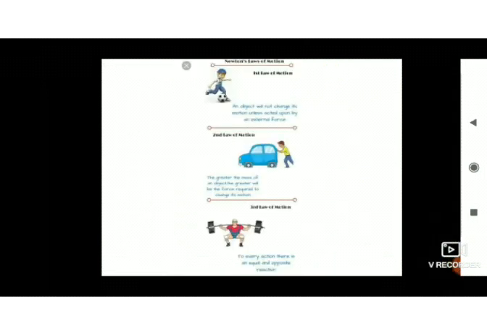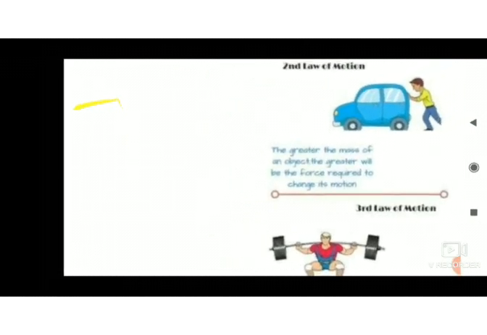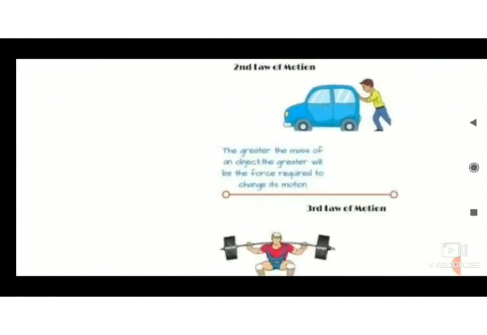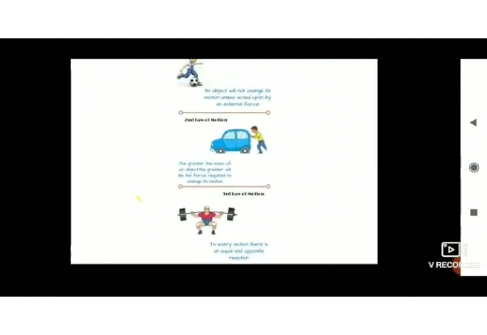These are the three basic laws of motion which were invented by Sir Isaac Newton. The first law of motion is also called inertia: an object will not change its motion unless acted upon by an external force. Second law of motion: the greater the mass of an object, the greater the force required to change its motion.